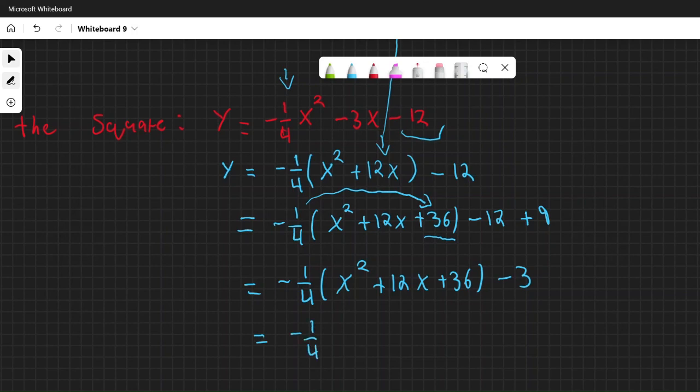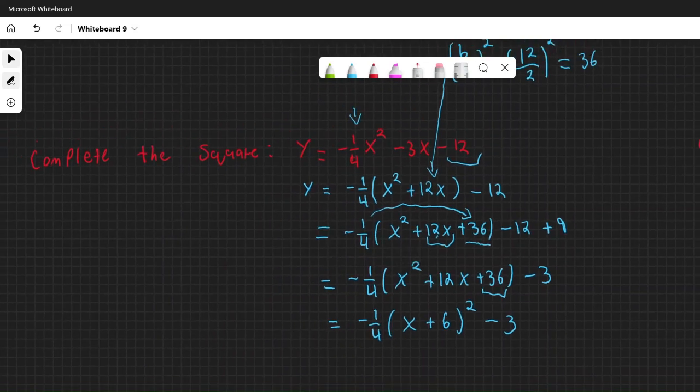So we have negative 1 over 4 times x, and it'll always be x plus this b term divided by 2, squared. So it'll be x plus 6 squared. Or another way to think of it is you take the square root of this term and then add it to the expression and square it. So you have x plus 6 squared minus 3.